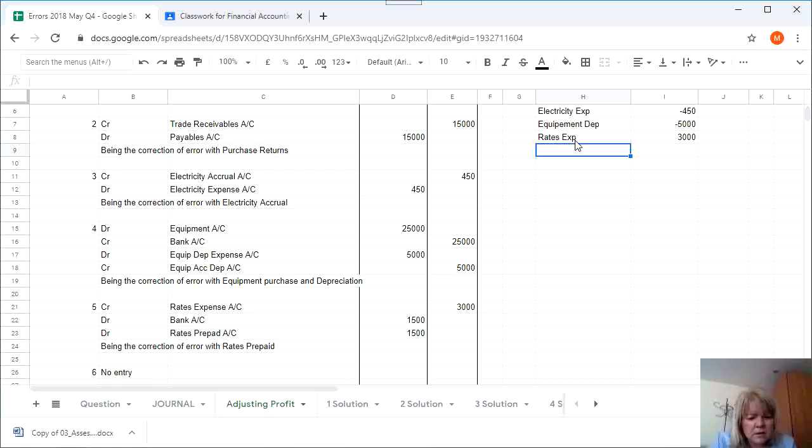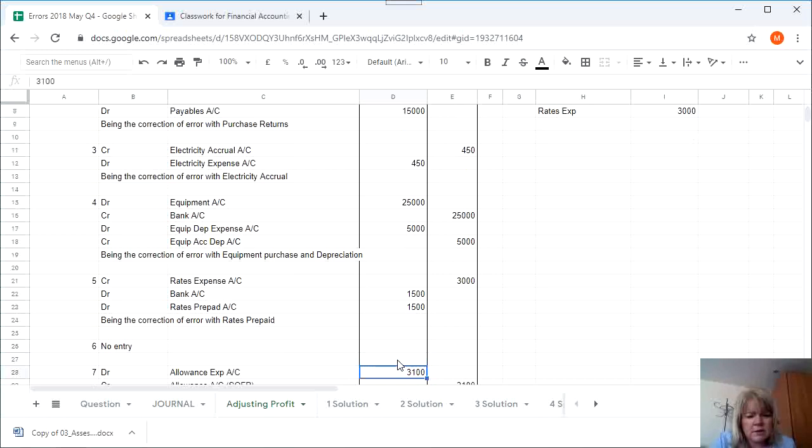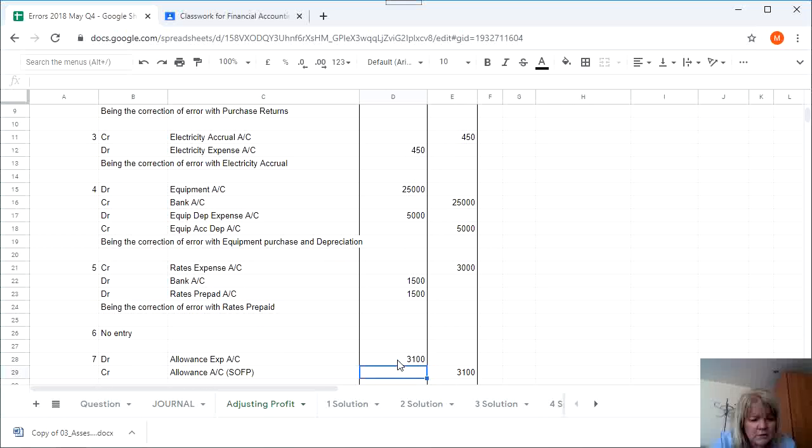And the bank is a debit, that's in the balance sheet, bank account, and rates prepaid is an asset in the balance sheet. Again, it doesn't affect profit. Part 6 had no entry, and part 7 we had the allowance expense and the allowance in the balance sheet.